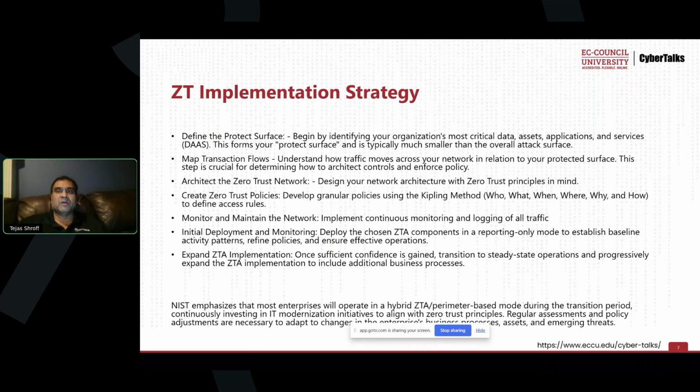Why is this important? Because you're now trying to take a step-by-step approach to make sure you've validated that you have put the zero trust implementation strategy in place.